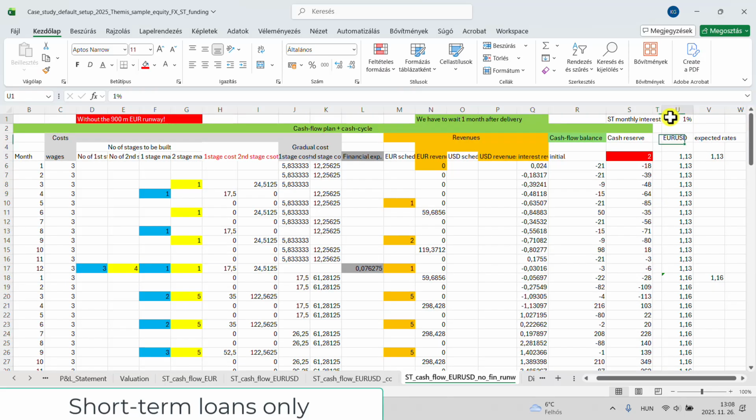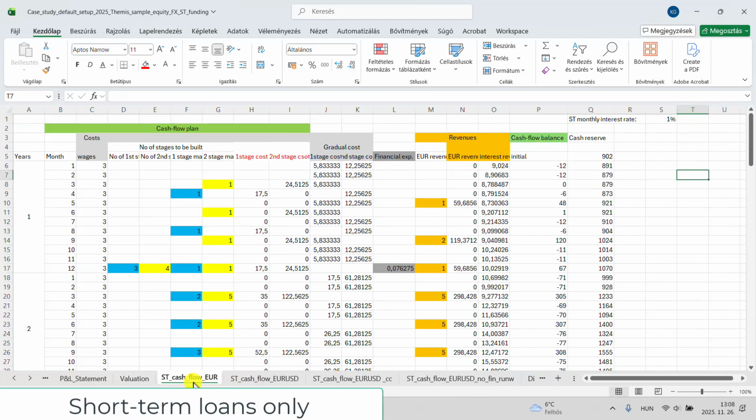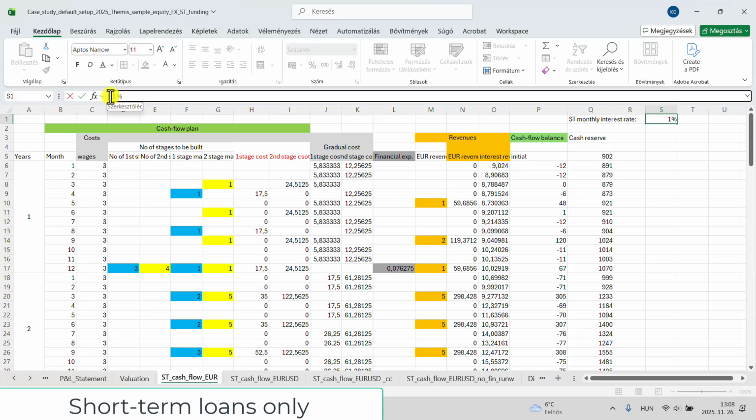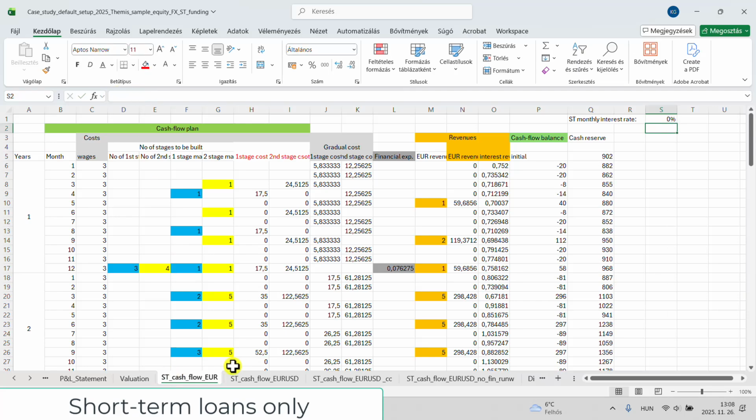Oh my god, I made one mistake. Short monthly interest rates are 1%. This is not good because in this case it would mean that the annual interest rate would be 12. And this is not nice, so we have to divide it by 12 here.